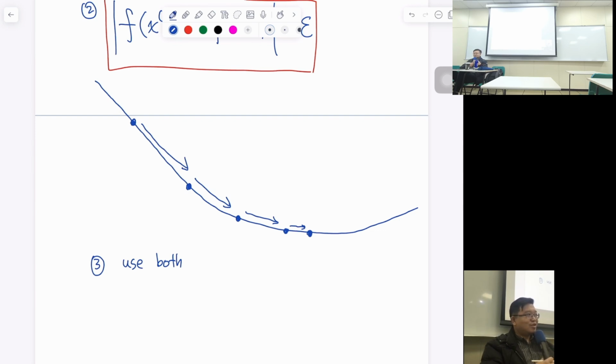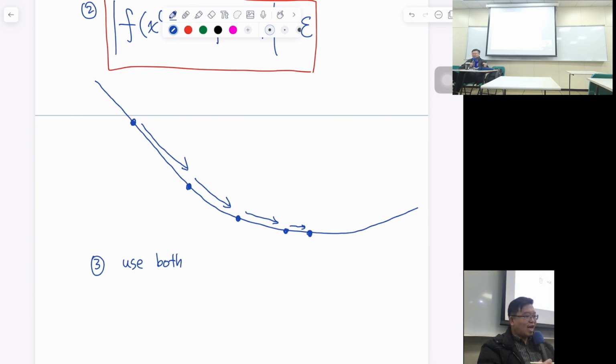So if you use both criteria, maybe the iteration process will be longer, because in this particular situation, you are already in a very flat ground, very flat, but your x is still moving.